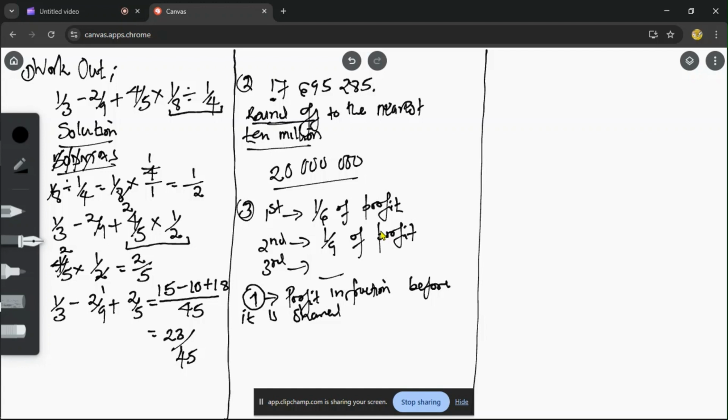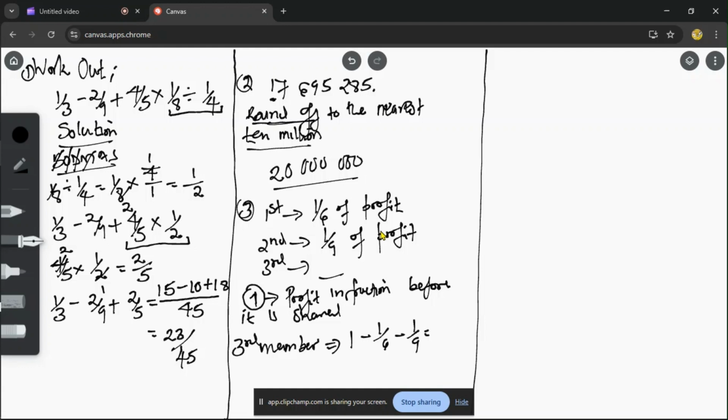So the third member received this amount: I take the complete fraction, the whole profit, I subtract what the first member received, I again subtract what the second member received. The remaining is what the third received.